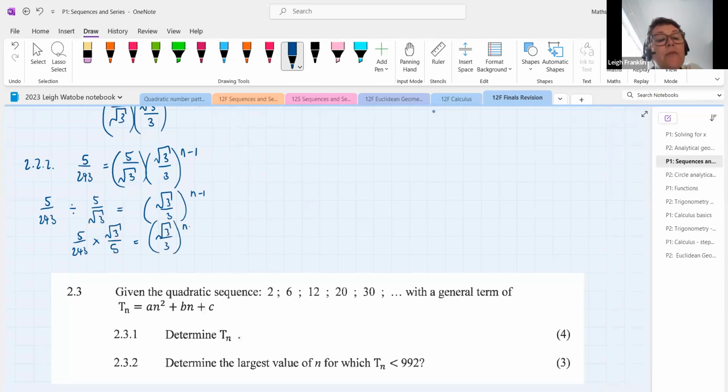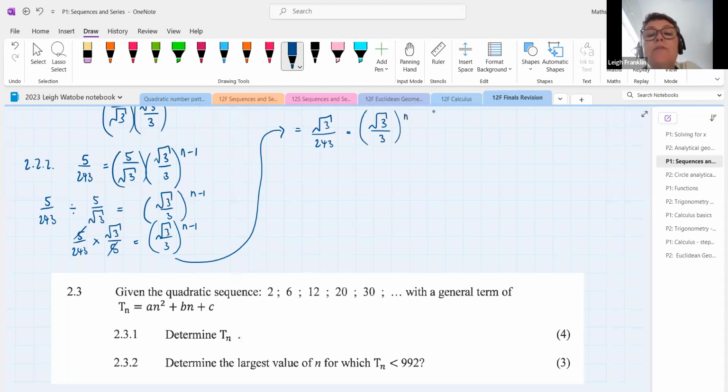Sorry, I'm not writing that very neatly. And then what I'm going to do is I'm going to come and work over here. Obviously, you would continue working underneath. So I've got a 5 at the top, which I can cancel with a 5 at the bottom. And then this would leave me with root 3 at the top over 243, which is equal to root 3 over 3.